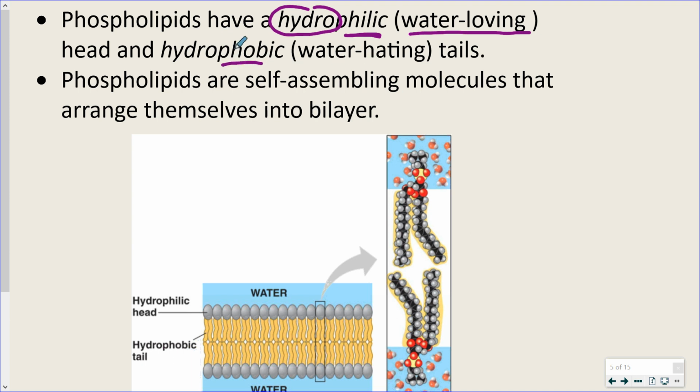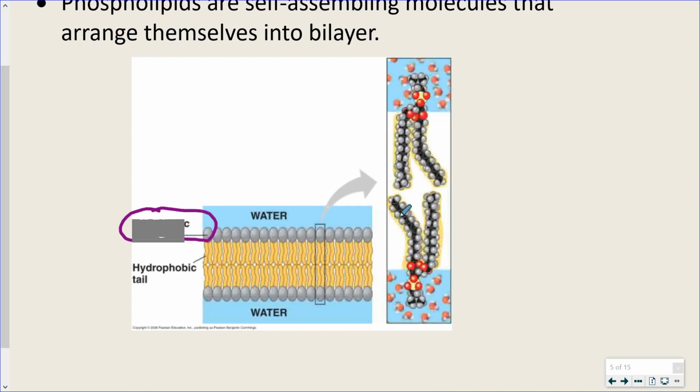Phobic means hating, so hydrophobic is then the water hating portion. So we talk about the phospholipids as having the hydrophilic heads that are shown in the picture here. Those are the grayish ovals. And then the yellowish color on the diagram, those are the water-hating or hydrophobic tails that we see spanning all across in between the two layers.